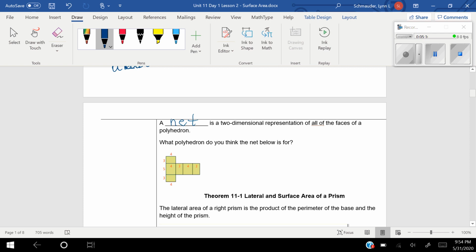And there was a time in honors geometry when you had to be able to identify the nets of several polyhedron. I don't know why, but they took that out of the curriculum, so you don't have to know that anymore. But I think it would be a good idea for you to recognize the net of, say, this rectangular prism here, because it helps you kind of to understand where the formula for surface area comes from.